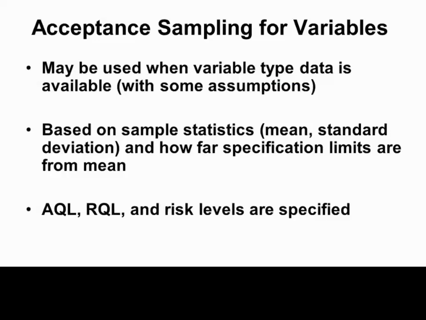Essentially, if you're actually measuring a dimension or something, you could use acceptance sampling for variables. You're still going to take a sample, but instead of counting the number of defects, you're going to calculate a mean and a standard deviation, the statistics that let you quantify the variation.